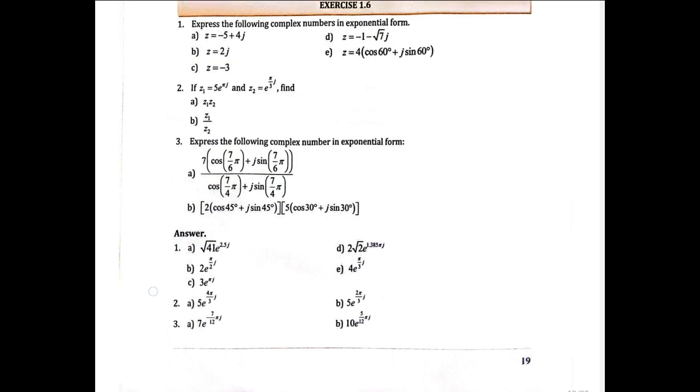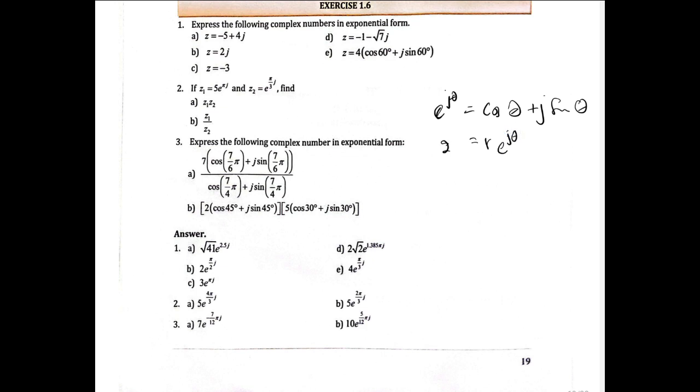So let's recap. What did we learn? First, Euler's formula says that e to the power of j theta is equal to cos theta plus j sin theta, and the exponential form is represented as r times e to the power of j theta.